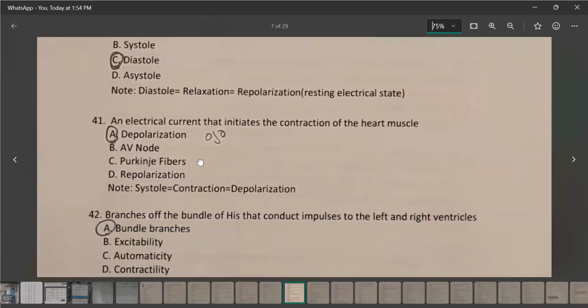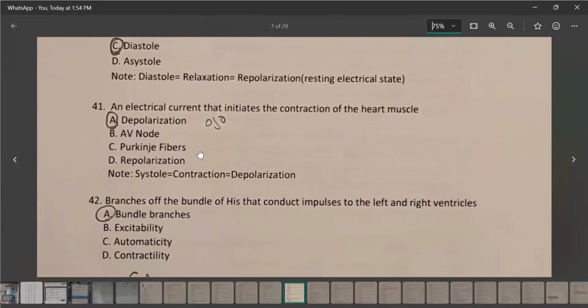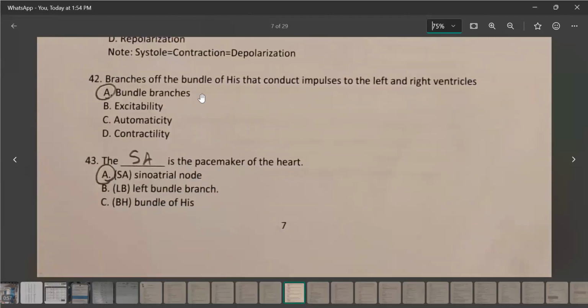An electrical current that initiates the contraction of the heart muscle: depolarization. 42. Branches off the bundle of His that conduct impulses to the left and right ventricle: bundle branches. The SA is the pacemaker of the heart. The SA, sinoatrial node.